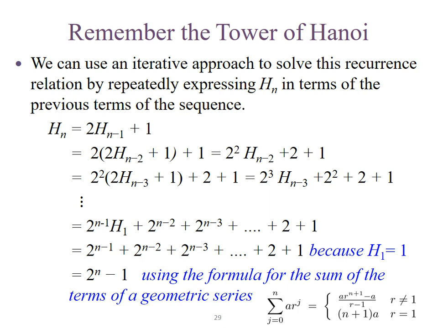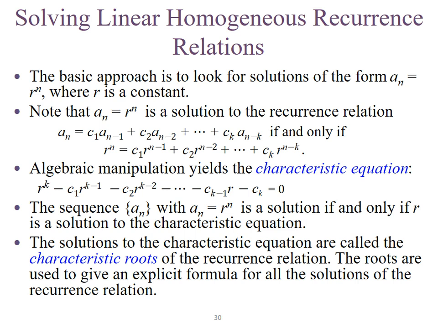So in the end, we have the term 2 to the power of n. Once we replace H0 by some real number, then we have something like 2 to the power of n.